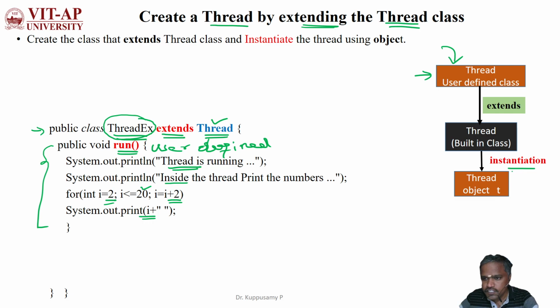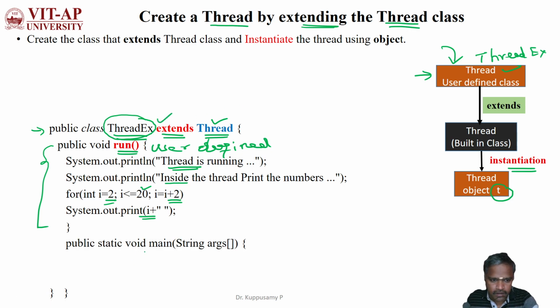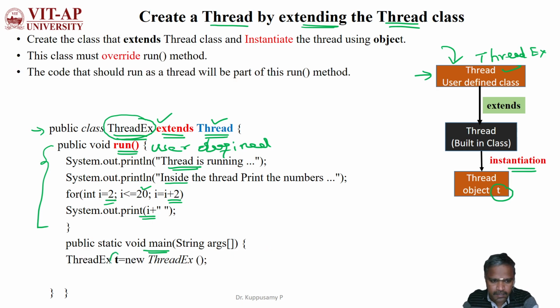As per the procedure, I have to instantiate the thread object by using the user-defined class. The user-defined class ThreadEx is already created in this statement. Now inside the main method I am instantiating the thread object t by using ThreadEx, the user-defined class. So now I have the capability to perform thread processes by using the object t.